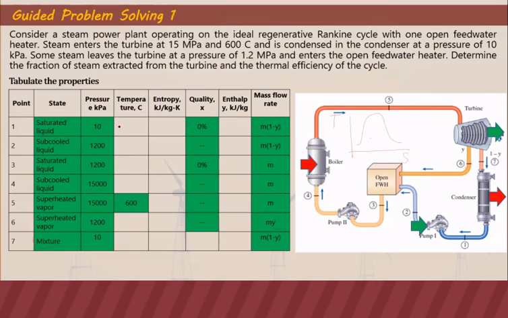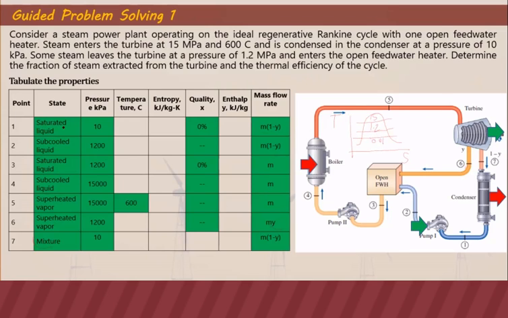At point 1, it enters as a saturated liquid. Since we are given 3 pressures here, we have 3 lines. We have 15 megapascal, we have 1.2, and then we have 10 kPa or 0.01 megapascal.